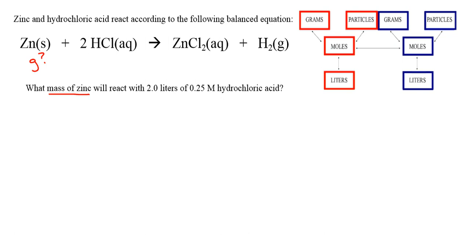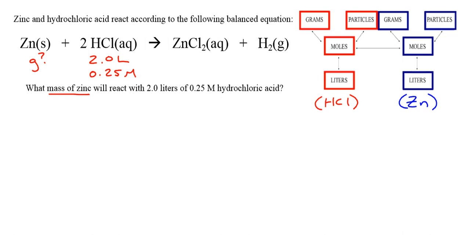Then it indicates that I have 2 liters of hydrochloric acid, and I have 0.25 for my molarity. So it appears that the blue part of my flowchart is my zinc, and the red part is going to be my hydrochloric acid. The only reason why I know that is that the zinc is definitely my question, and for the hydrochloric acid, I have some information.